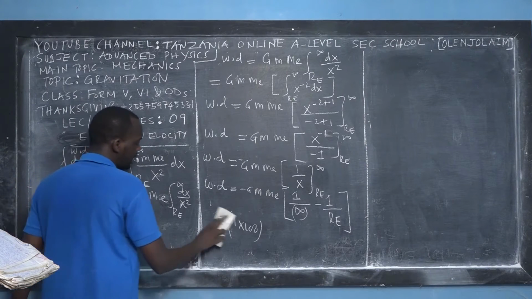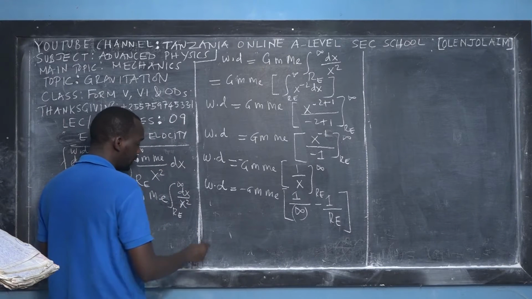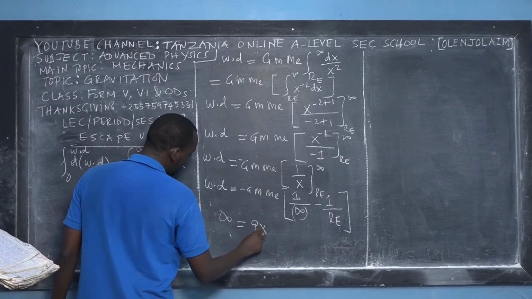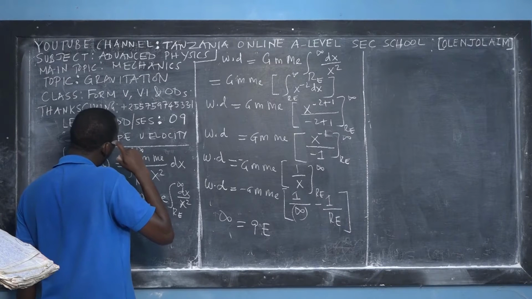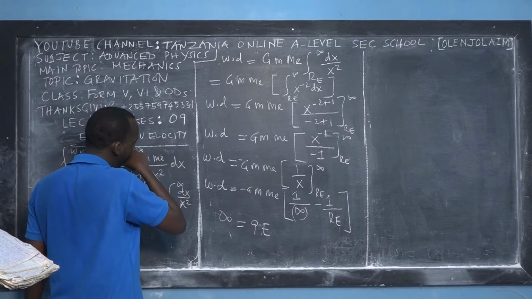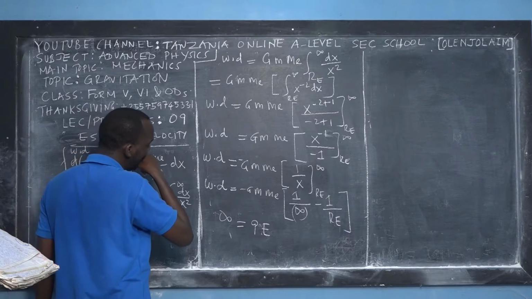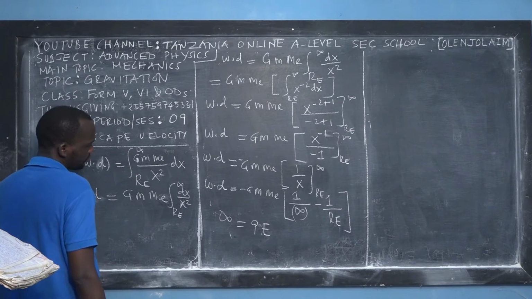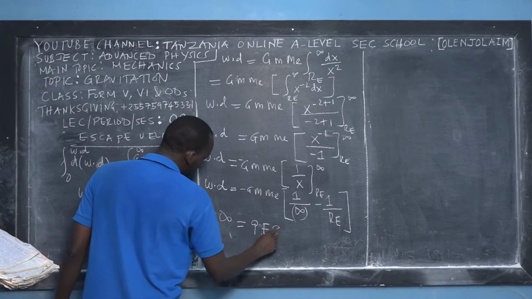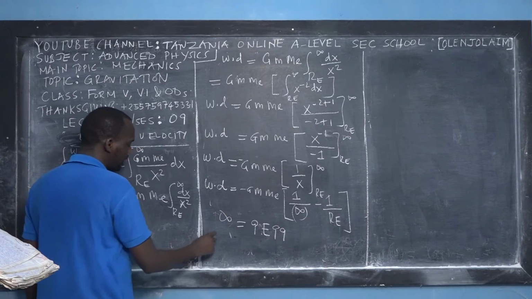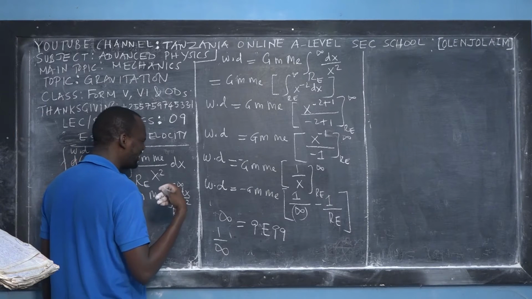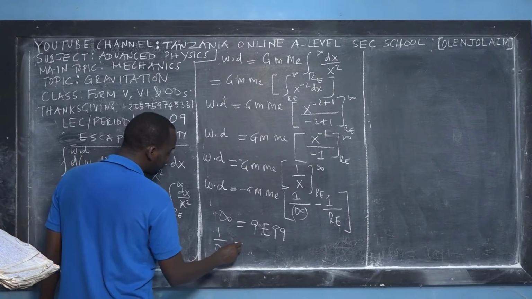Because we want to understand the infinity, suppose the value of infinity is 9 exponent 99. If you find one over a very large number, now one is small, over a very large number, the answer is always 0.